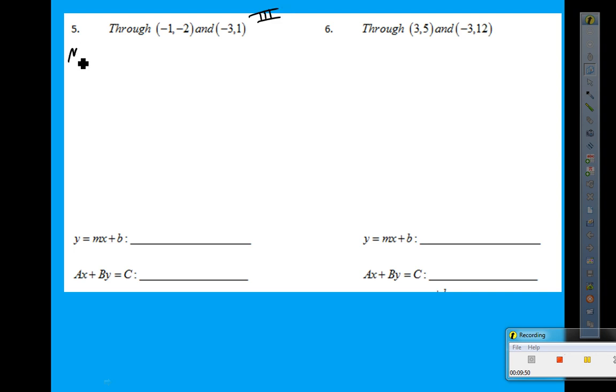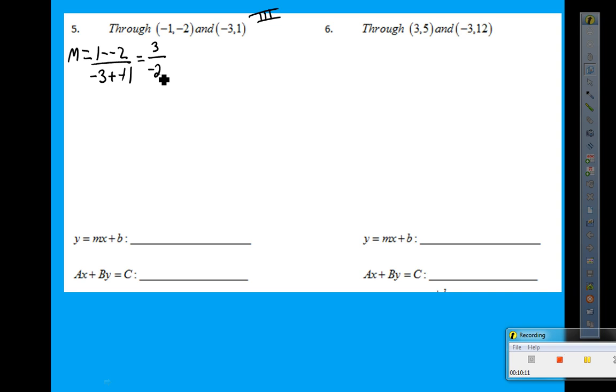So my slope's going to be 1 minus negative 2 over negative 3 minus negative 1. Be careful with all of those negative signs. 1 minus negative 2 becomes 3. Negative 3 minus negative 1 becomes negative 2. So my slope is negative 3/2.